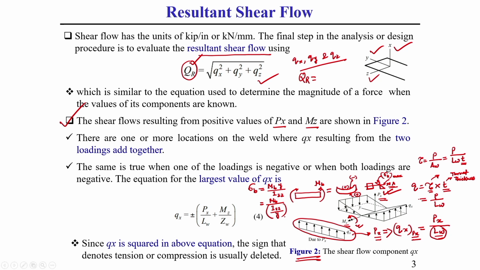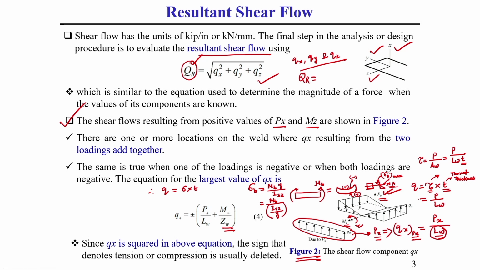Whatever Zw you are seeing here, you should always keep it in mind. I have already told you that shear flow Q is equal to stress into throat thickness, clear.